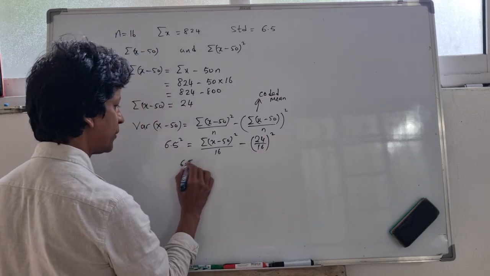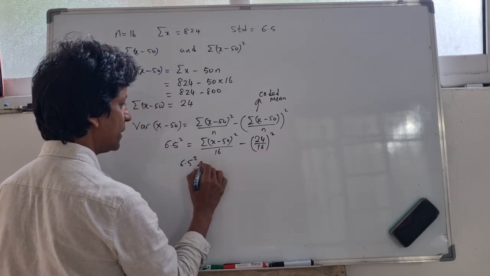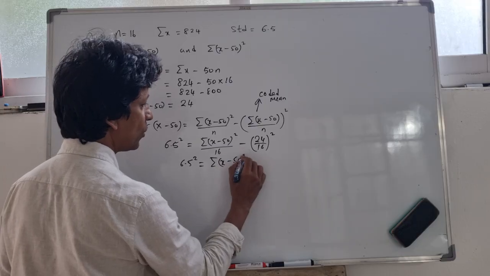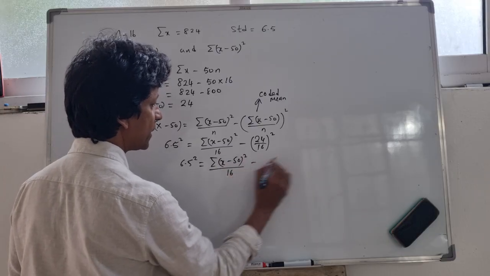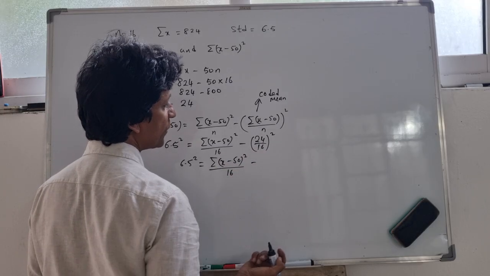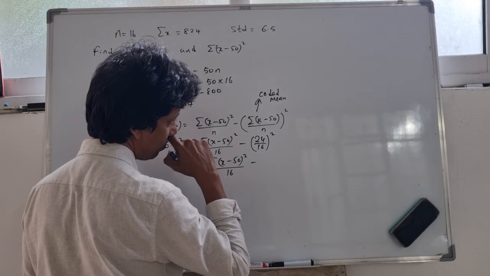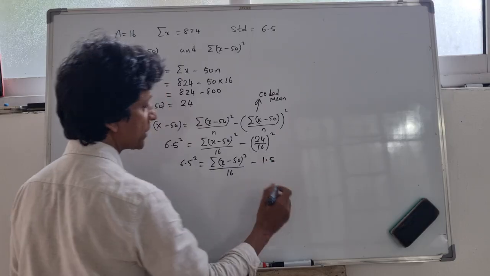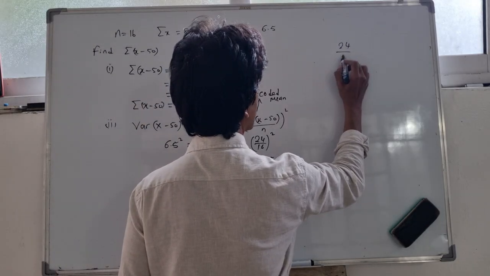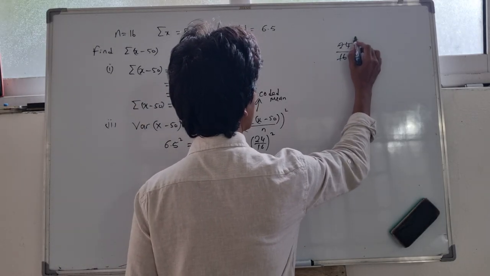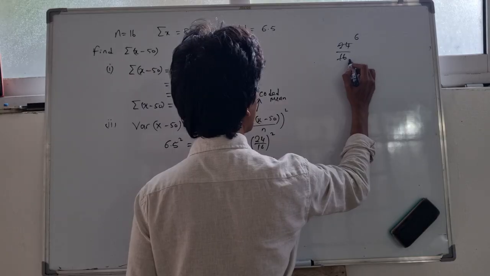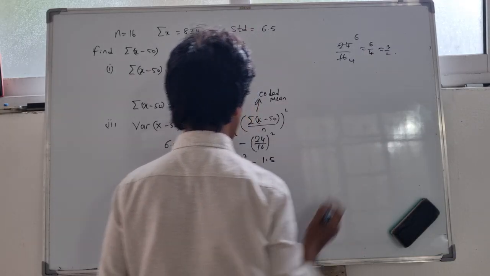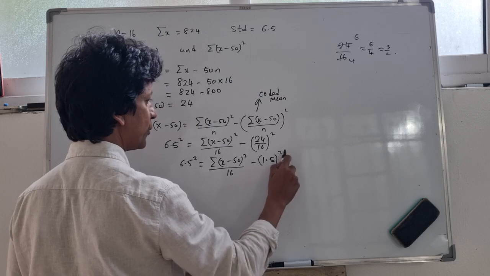So 6.5 squared is equal to the sum of (x minus 50) squared over 16, minus 24 over 16, which is 1.5, because 24 divided by 16 is 6 over 4, which is 3 over 2, which is 1.5. So this is 1.5 squared.